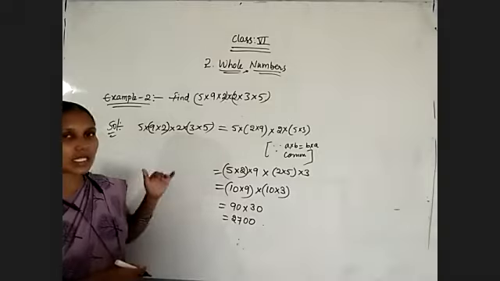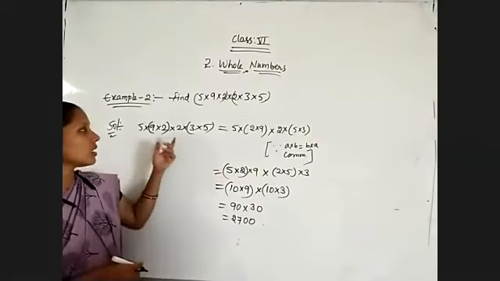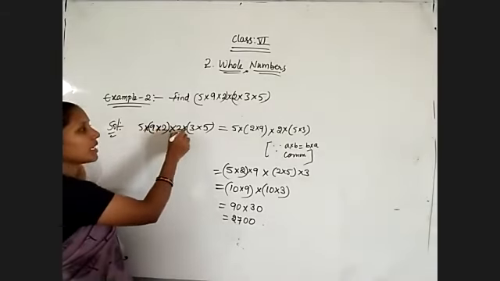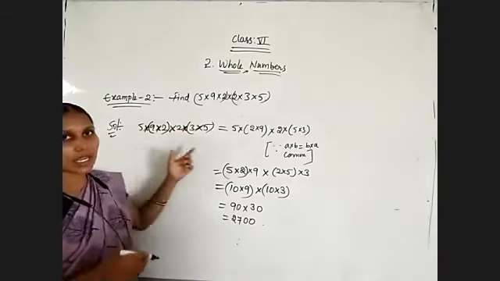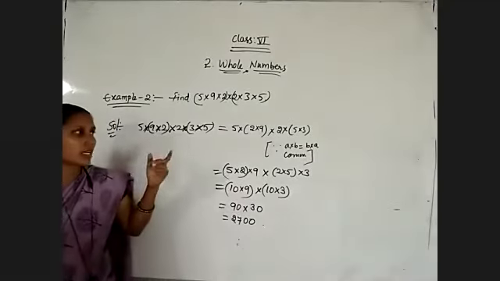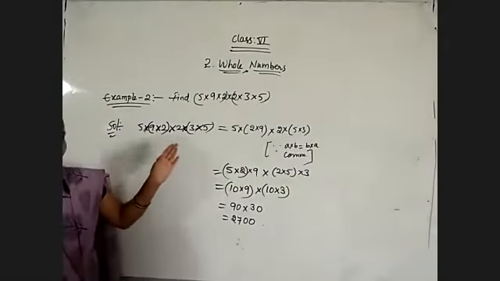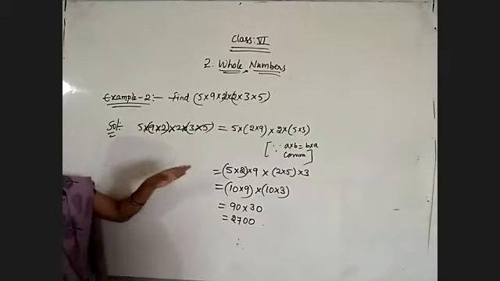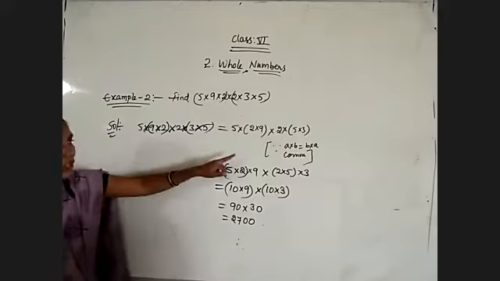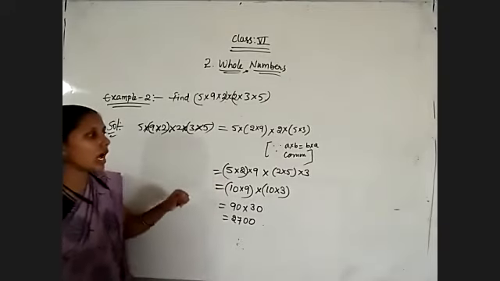So remember this is the way to simplify. Observe here that between every number only multiplication is given. So if you are looking between any numbers, more than 3 or more than 2, you have to use the commutative property and associative property.